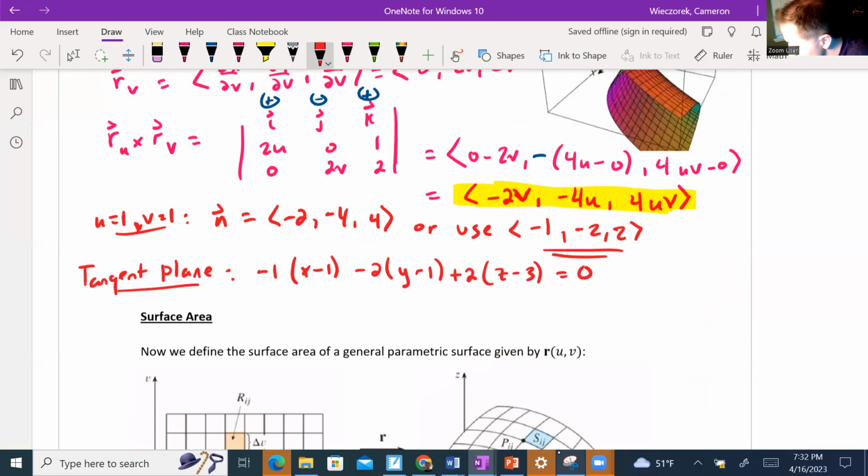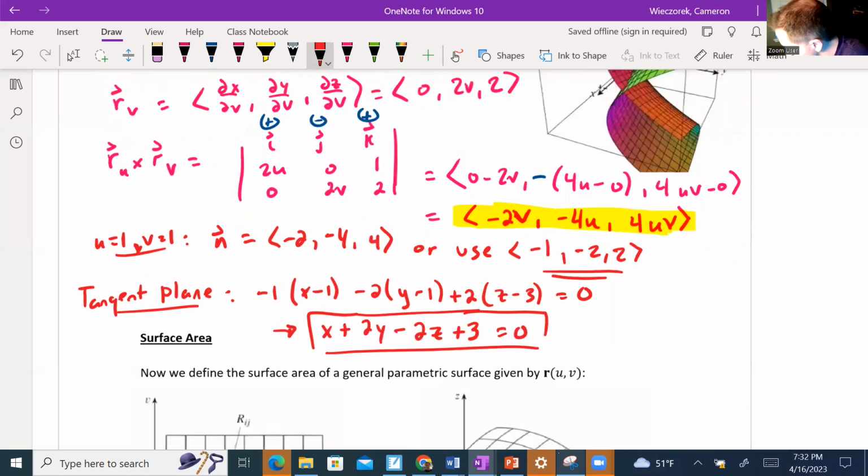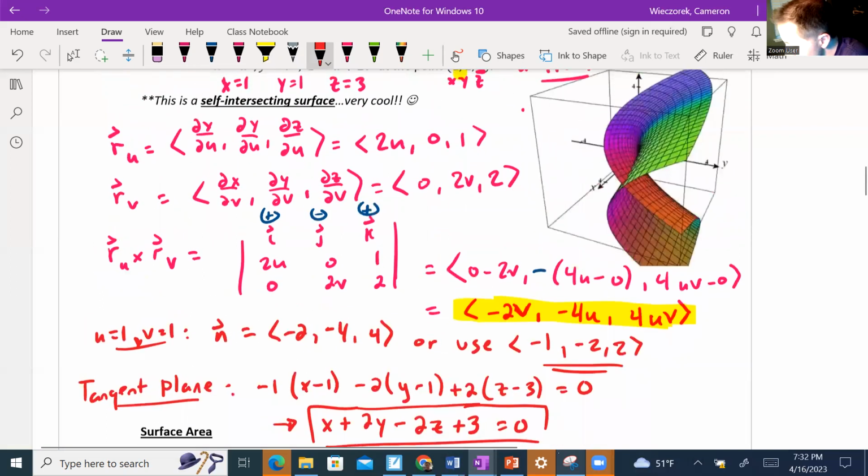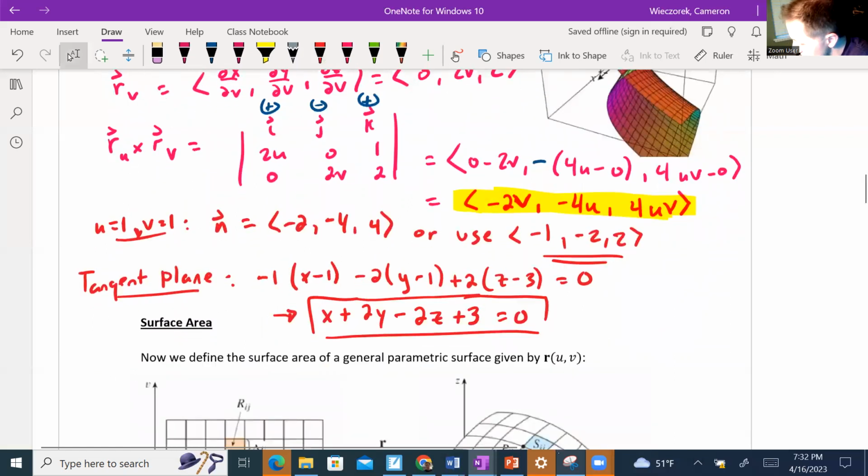And if you expand and clean that up, you can do some of the algebra. You get x plus 2y minus 2z plus 3 equals 0. So it gives us a linear equation of that tangent plane. So that would be my tangent plane.